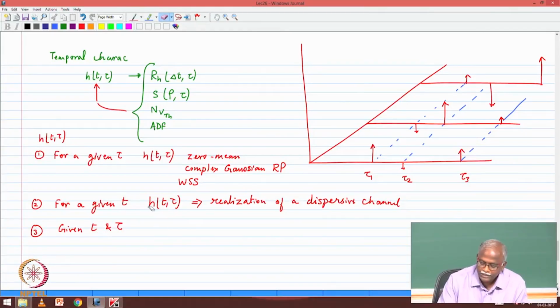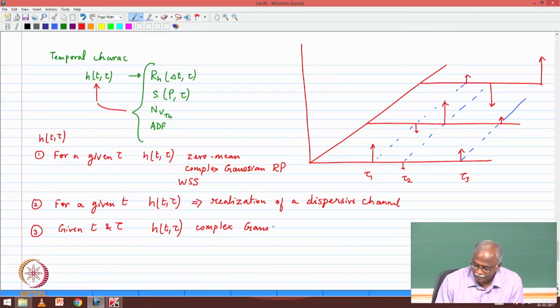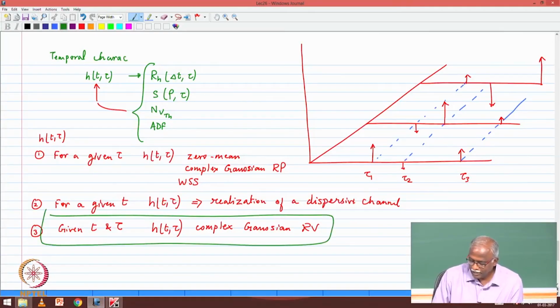H of t comma tau is a complex Gaussian random variable. Basically, it is a sample of a random process. So, if you now accept this, can you redefine what is the snapshot at a given time?